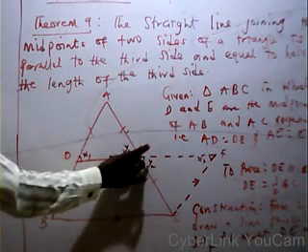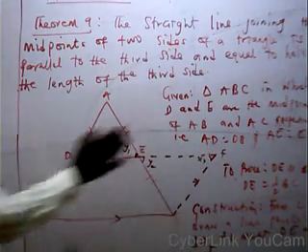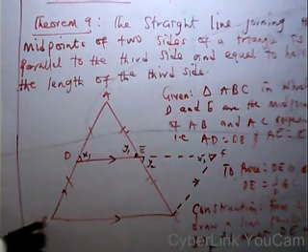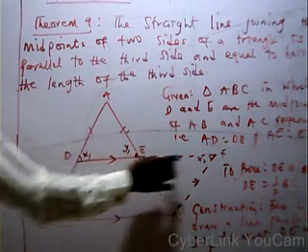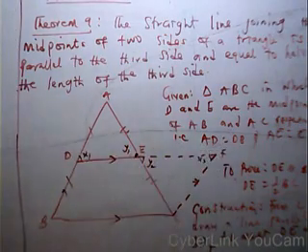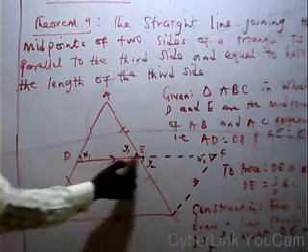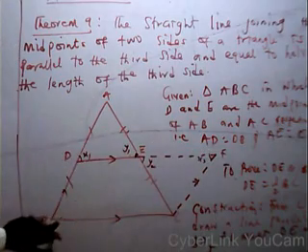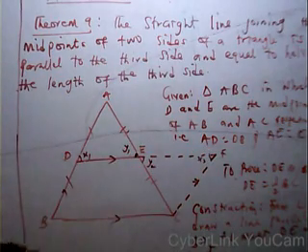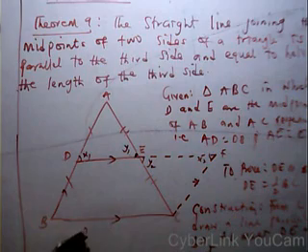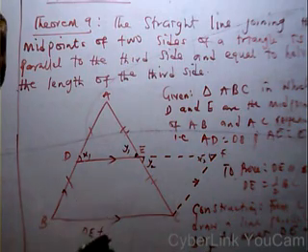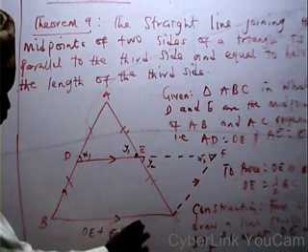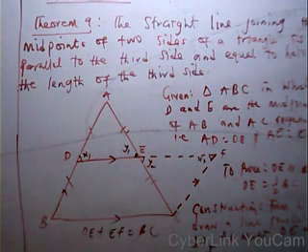So if DE is equal to EF, and we know that BC is equal to DF, it then means that if you add DE and EF together, you are going to get BC. That is DE plus EF equals BC.